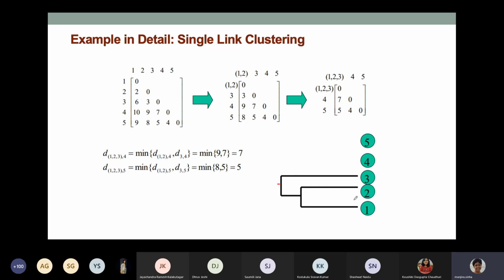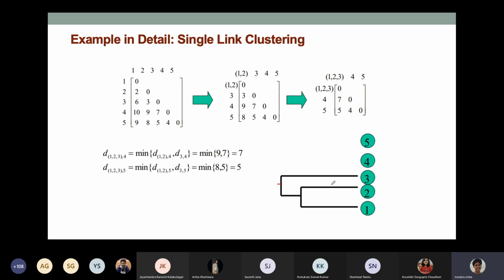Then when I first grouped nodes 1 and 2 in a single cluster, these 2 nodes collapsed to a single entity 1, 2, and all the distances were updated accordingly. Now again, as I have connected 1, 2, 3 in the second cluster, my node is 1, 2, 3, and all the distances are updated accordingly.